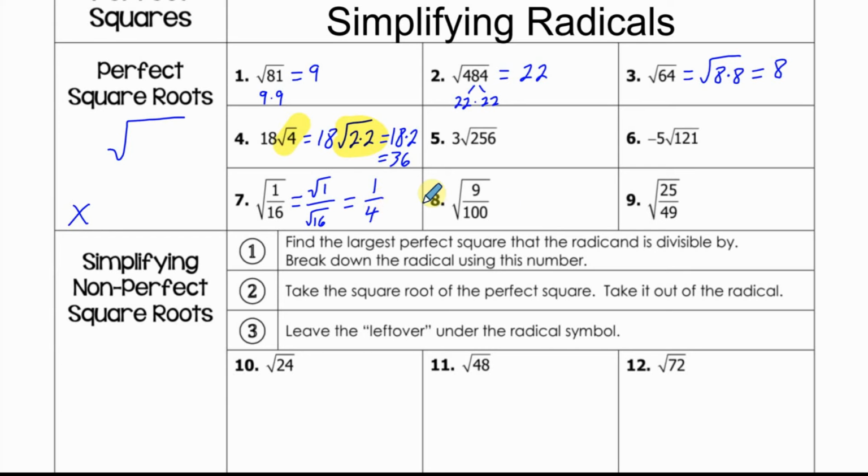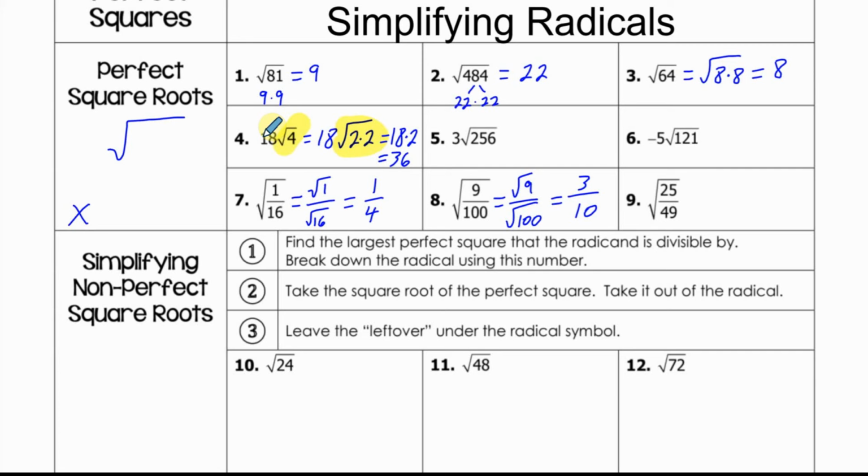So the square root of 16 is 4. Same thing here, split it up. Think of that as the square root of 9 over the square root of 100. Well, 9 is 3 times 3. It's two 3's. So you get 1 3. Square root of 100, 10.